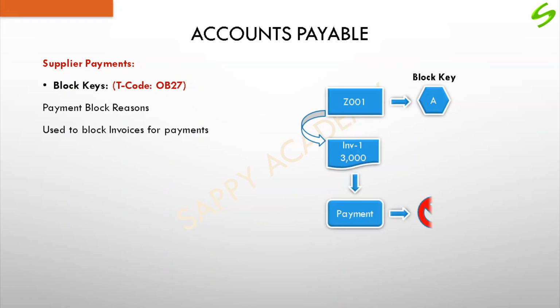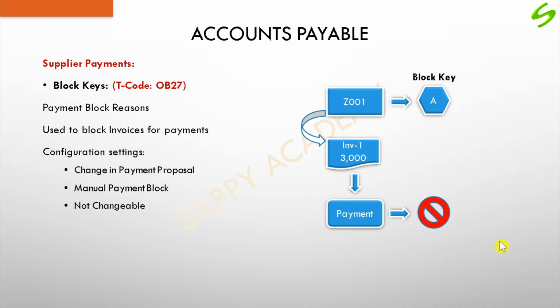When I make the payment, the system will say I cannot make the payment, because the invoice has a block key A, which is a block for payment. Let us go to transaction OB27 and look at the block key settings. The configuration settings of block keys include change in payment proposal, manual payment block, and not changeable.